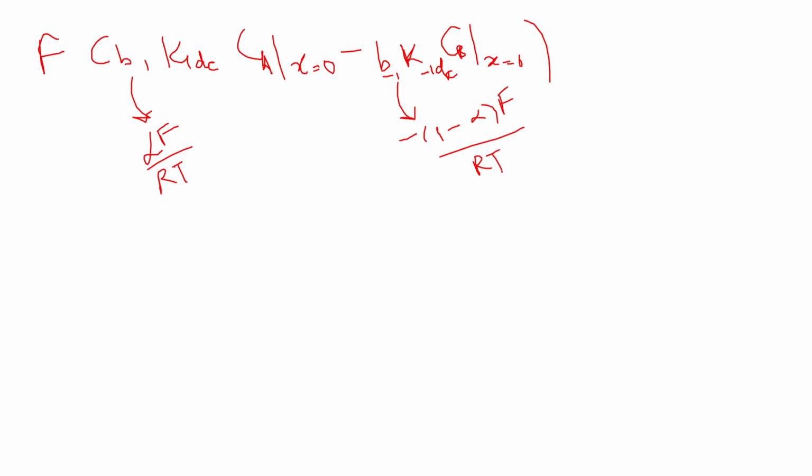Okay, and then we said this k1 naught, this CA bulk. The same way the other side will be k minus 1 naught and this will be CB bulk. So just substituting that, you'll get something of this form.